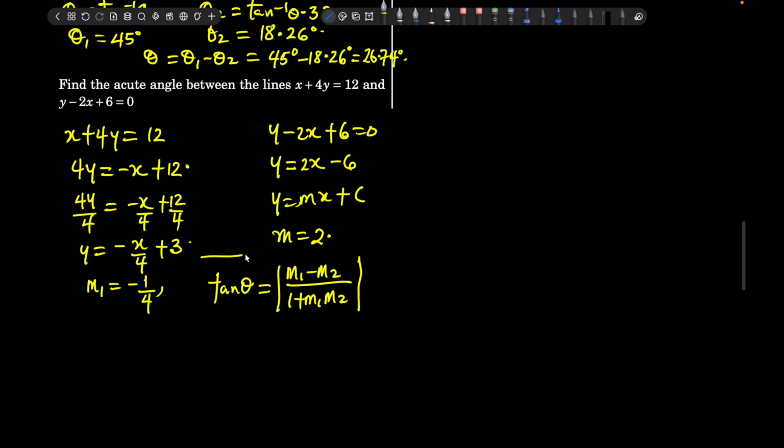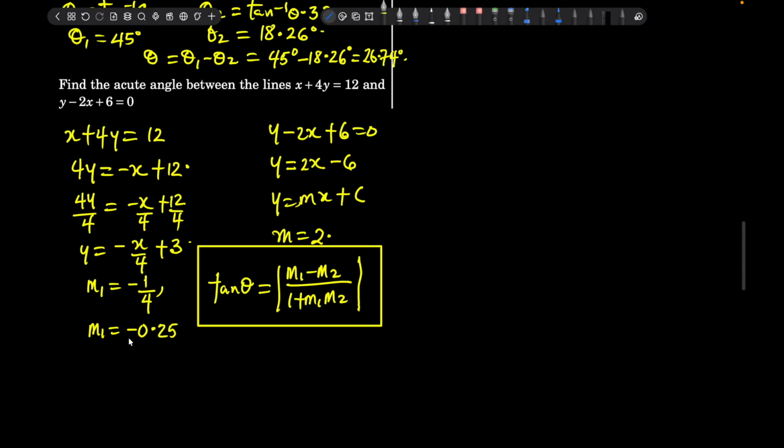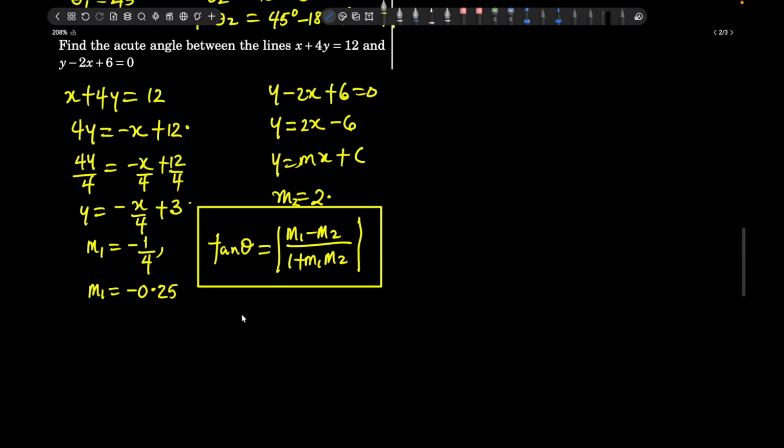Right, so for those of you that are having issues with fractions, this your m1 is equal to minus 0.25. I want to believe that is settled. So this is for m2. So now all you have to do again is to plug in the values that you have. So let's plug it in.